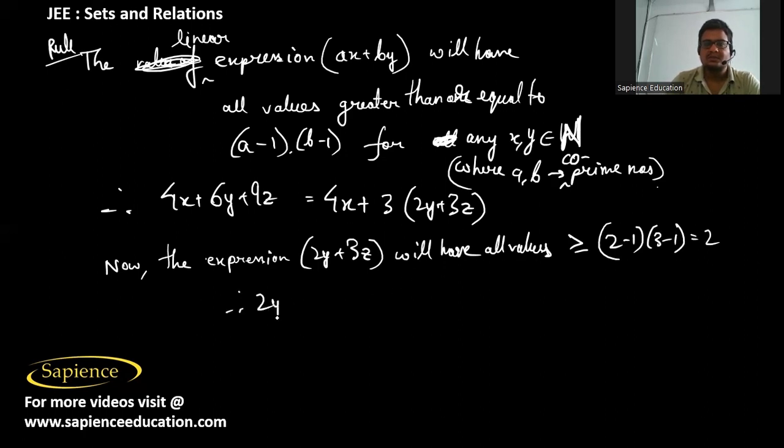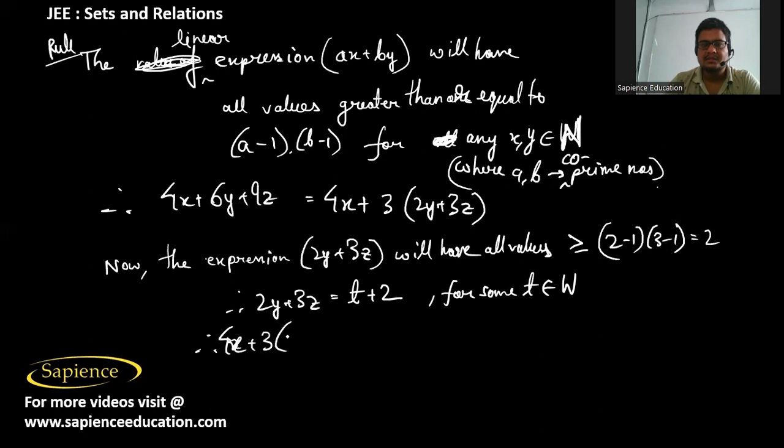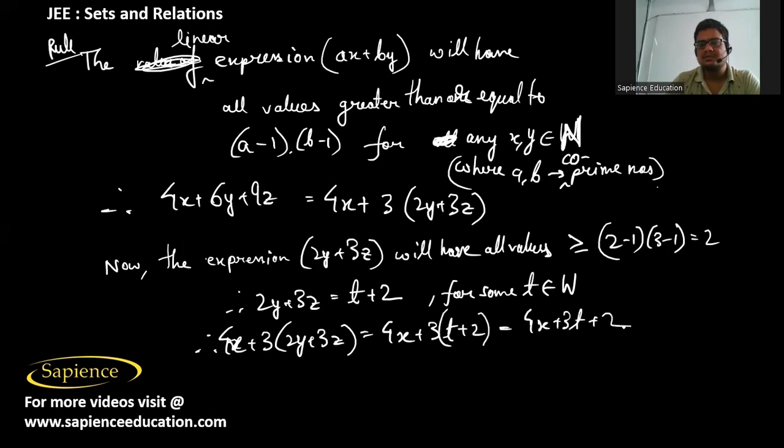Therefore this 2y plus 3z we can write as t plus 2, for some t belonging to whole numbers, so it is always more than or equal to 2. So 4x plus 3 into 2y plus 3z we can write as 4x plus 3 into t plus 2, which means 4x plus 3t plus 6.